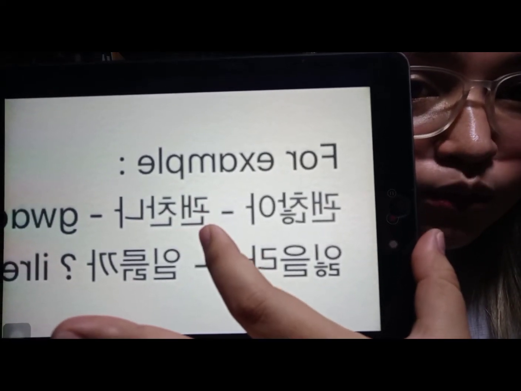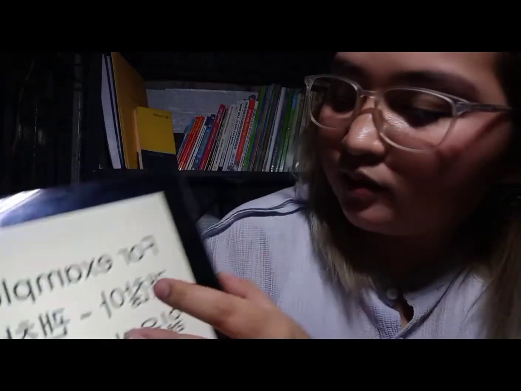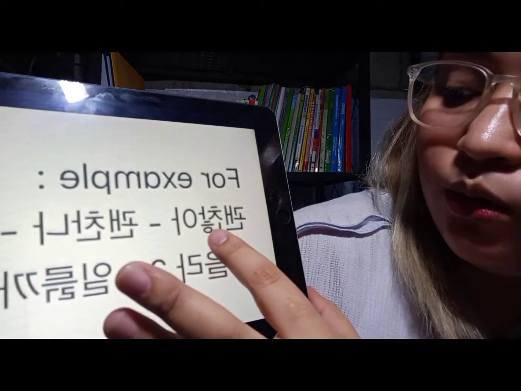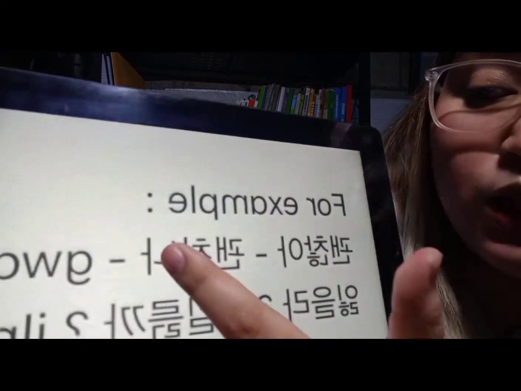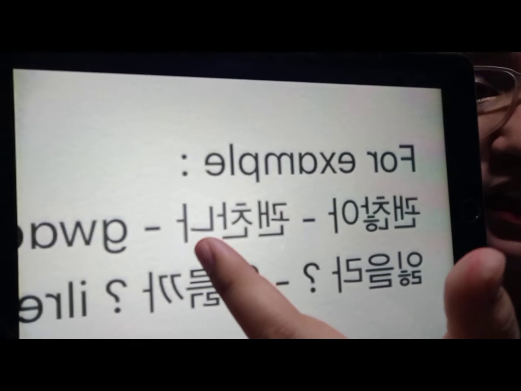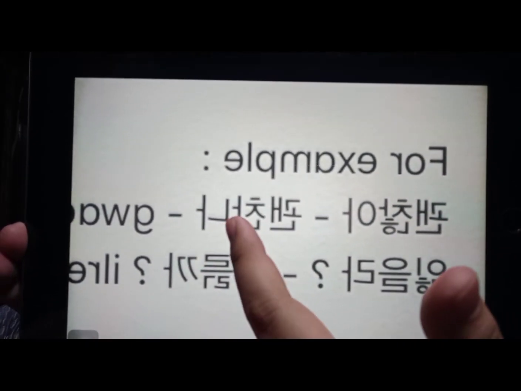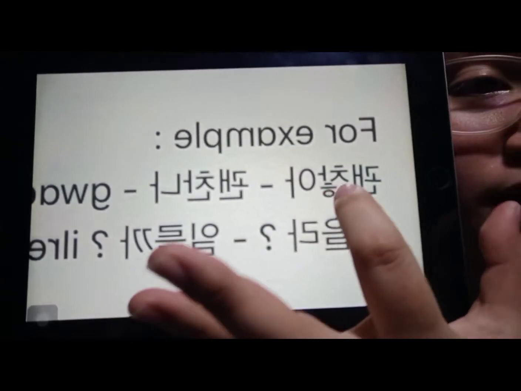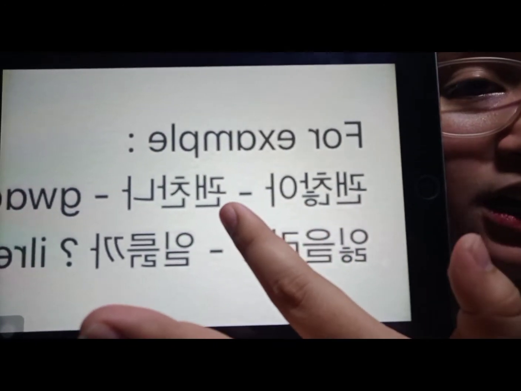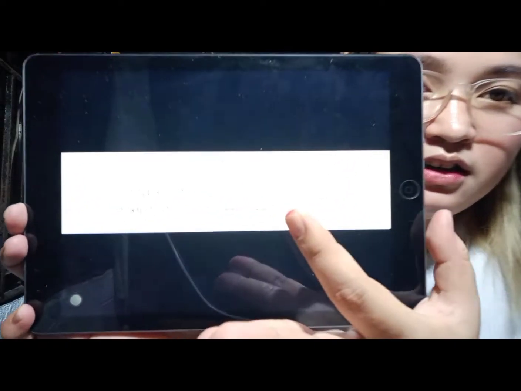Tapos, yung niyan ay wala na yung hit dito. Tapos dito, siya na yung naging initial consonant nitong sumunod na syllable. Okay, kita niyo guys. Quenchana is it's okay in English word.